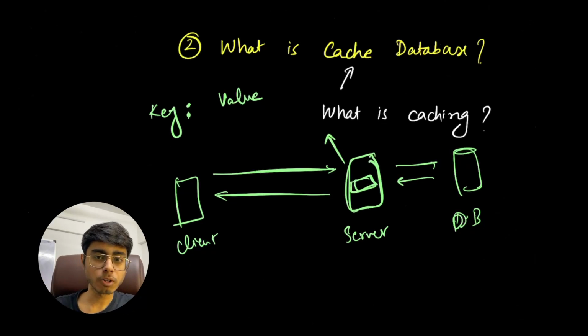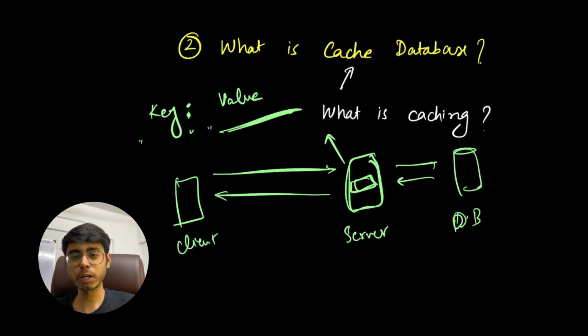We can allocate those long URLs some keys, and those keys can be stored here with a value of the short URL. I'm not going into the system design of the tiny URL, but what I want you to understand is that cache databases store the information in key and value pairs instead of tables, collections, documents or columns, and they are faster than the normal databases.